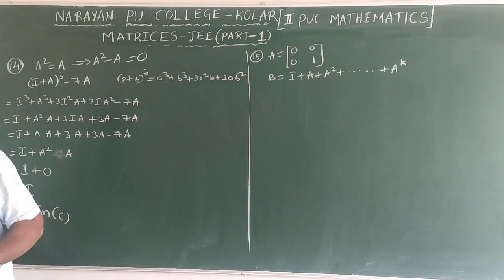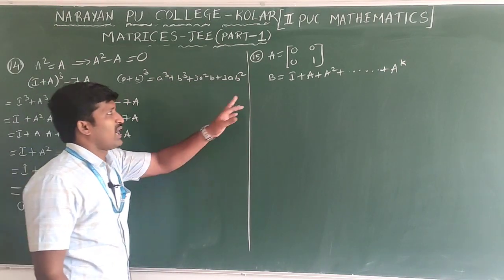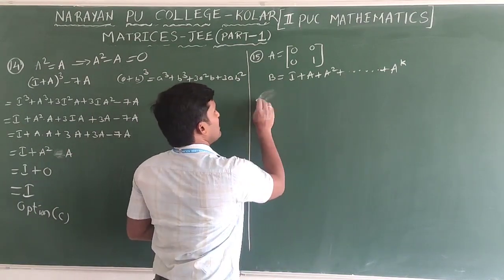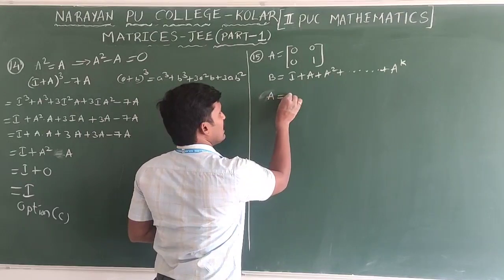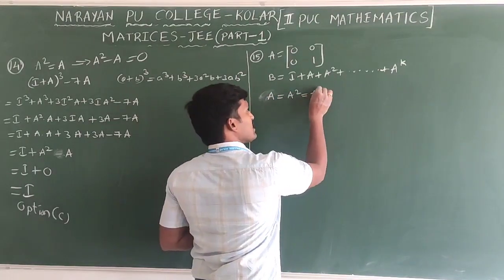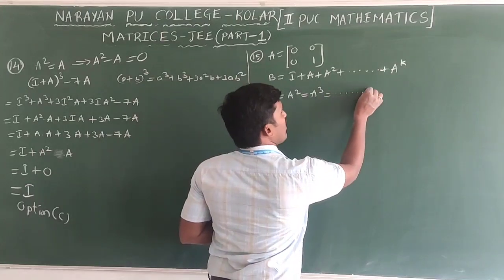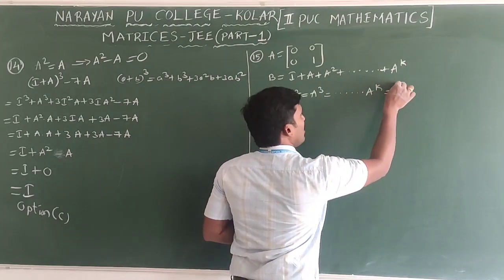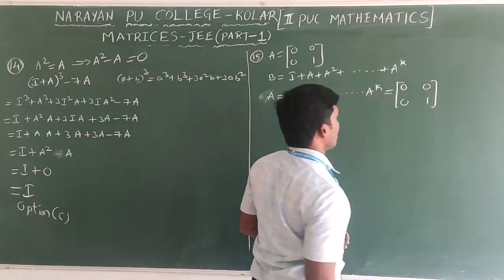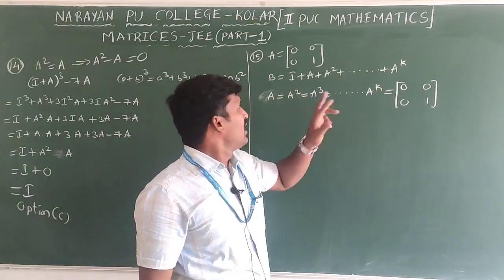Now they are asking finally what is the correct value of B matrix. Here clearly A, how much? A square is also the same, A cube is also the same, and so on up to A power K also. All these matrices, because 3 elements are 0, only 1 is there.